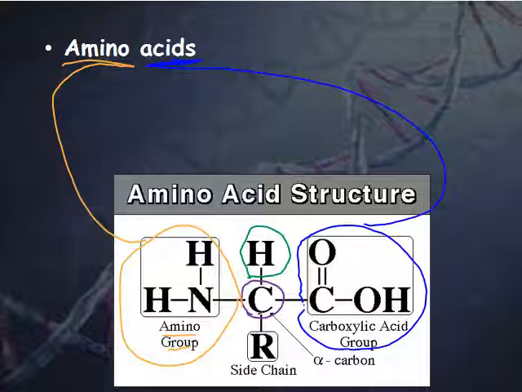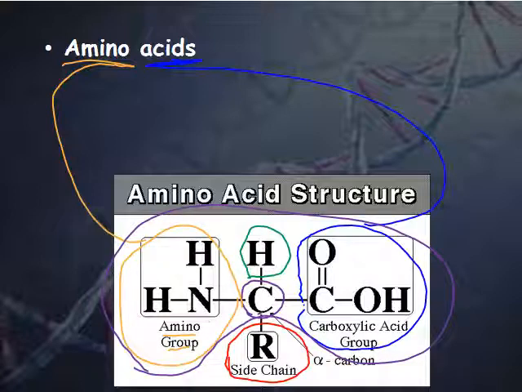Then on the bottom, we always have an R group, which is called a side chain. And the side chain can be one of 20 different things, and that's where we get the 20 different amino acids. So all amino acids are the same, this part is all the same, except for the R group.